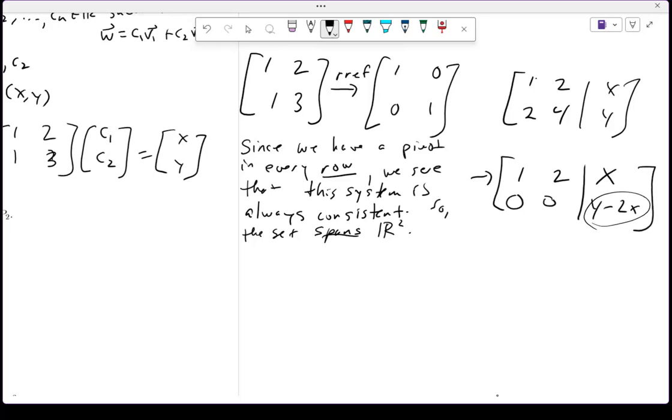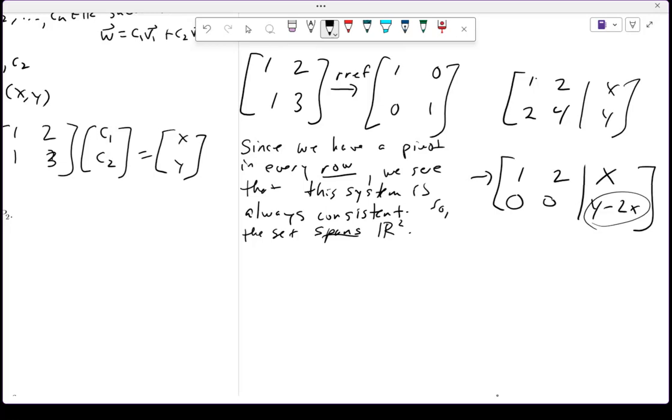That has to be 0. So my second coordinate has to be 2 times my first. If my second coordinate is not 2 times my first, it's not consistent. That's what I mean, that it has to be consistent no matter what. There are scenarios for this to be consistent, but it's not consistent in every single scenario.